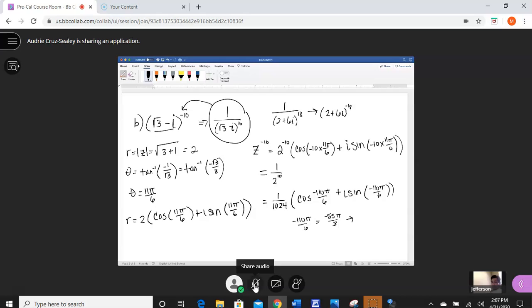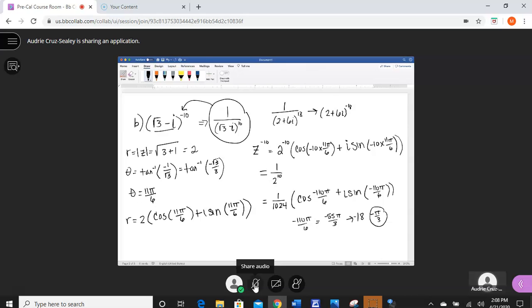About 18.3 times. So 18 times. 18 times 3 is 54, with 1 over 3 left, or a negative pi over 3 left. Is that what you said? Yes, ma'am. So a negative pi over 3 left.